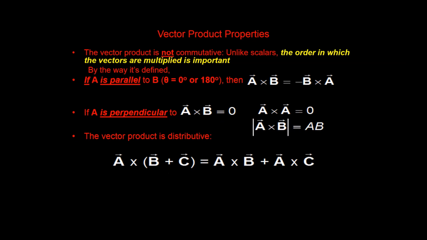Our vector product, of course, is distributive, so A cross (B plus C) will end up being A cross B plus A cross C. You would have to distribute A through all the terms in this bracket. So you should be able to see the differences and contrast them with the scalar product a little bit.